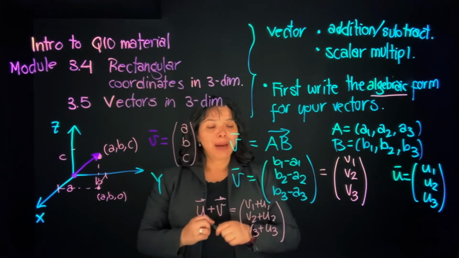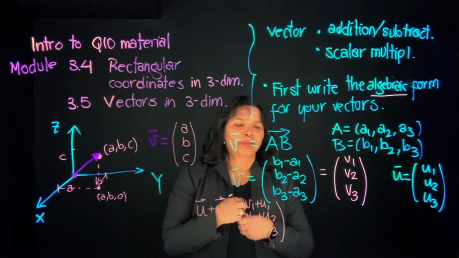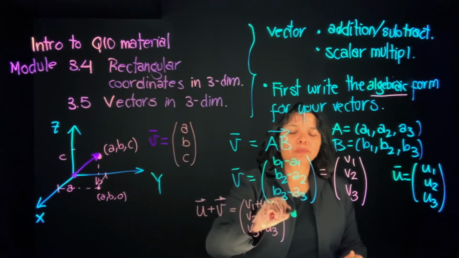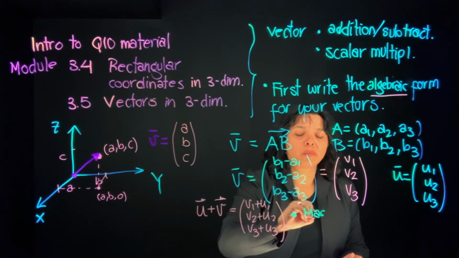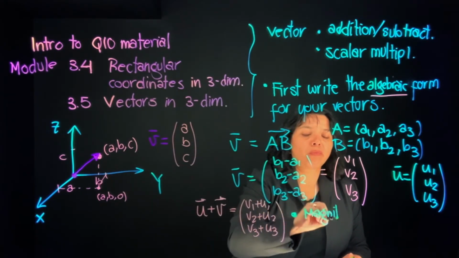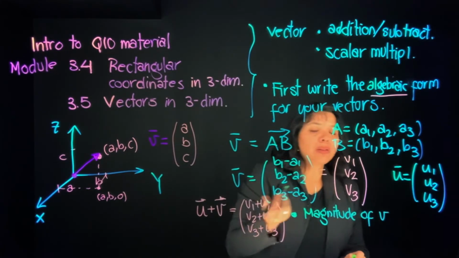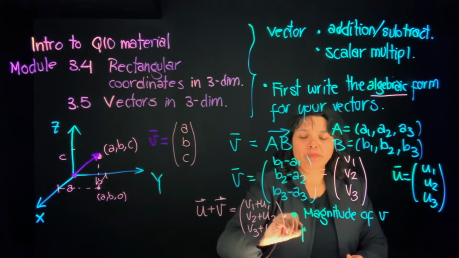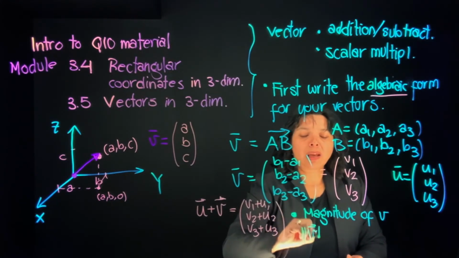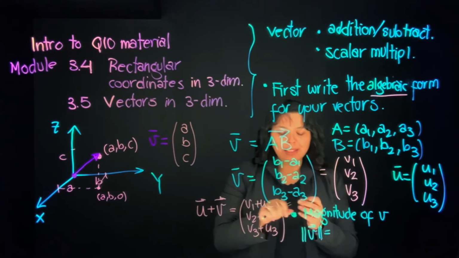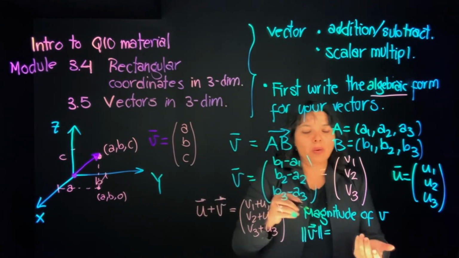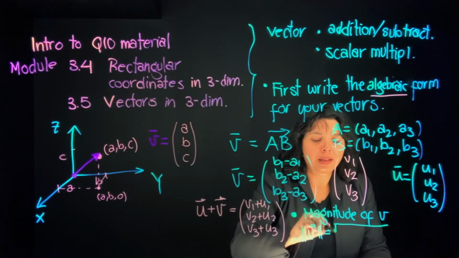And the magnitude, let me put that here, of V is going to have the same notation, and my formula is only slightly different. I just need to add a third term.